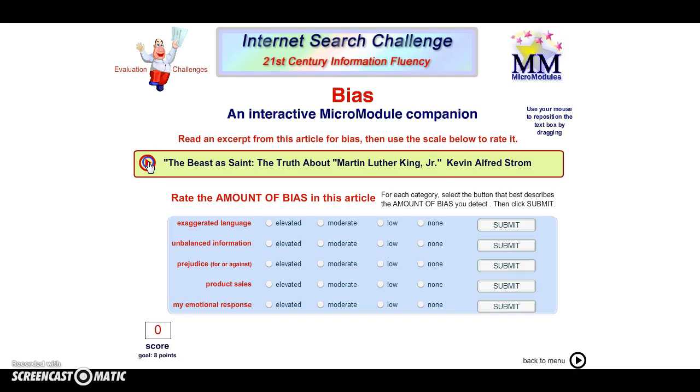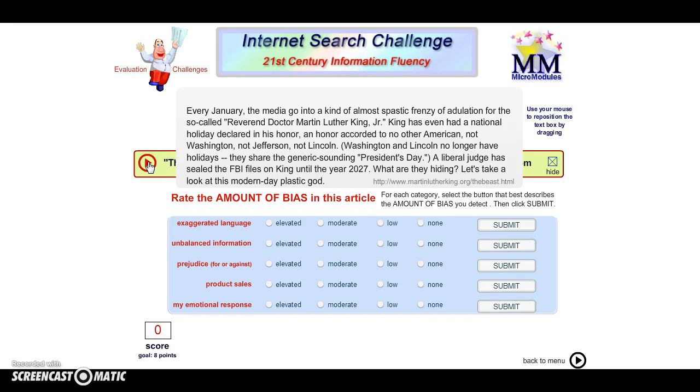First, we'll read the resource. Now that you've finished reading it for the first time, let's reread for specific sources of potential bias.